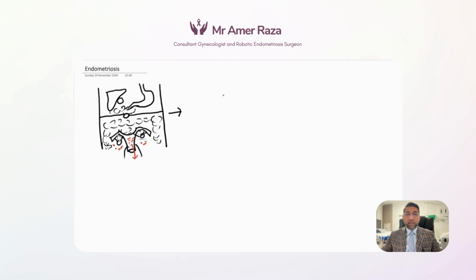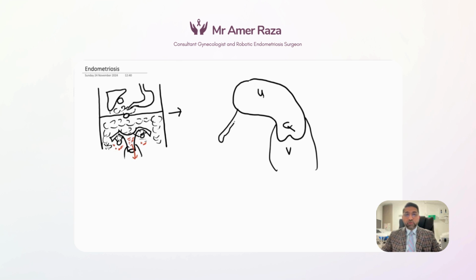Or, to put it a different way, if this is the normal uterus, cervix, vagina, uterus, fallopian tube on both sides and ovaries attached to it, then we have the endometrium lining inside the uterus. This endometrium lining becomes thick and thin every month.